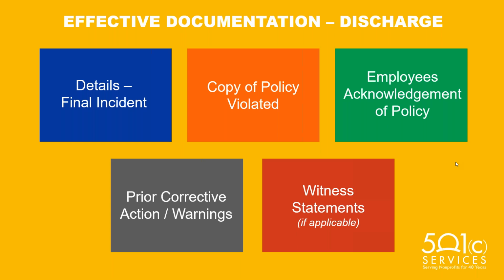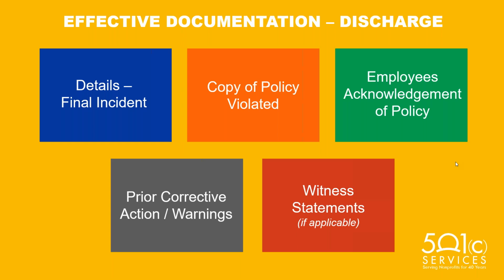Do not write a paragraph about everything this person's ever done since they've been employed. That is a terrible idea. They want to know what was the very last thing. And then don't include anything that happened after. So say you brought this person in to terminate their employment because of attendance, right, or whatever, and they get upset and, I don't know, maybe they punch a wall or throw a chair across the room.